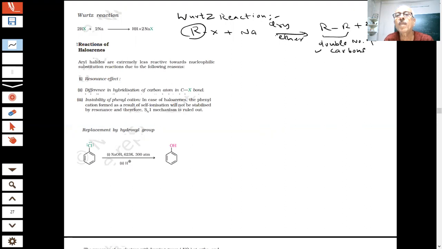Can you see this? So this is called the Wurtz reaction, and the question which was given is (CH3)3CBr, Na, dry ether. You have to write the product, student. This question was given in the paper.